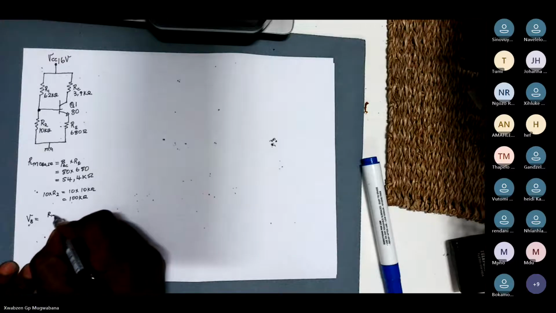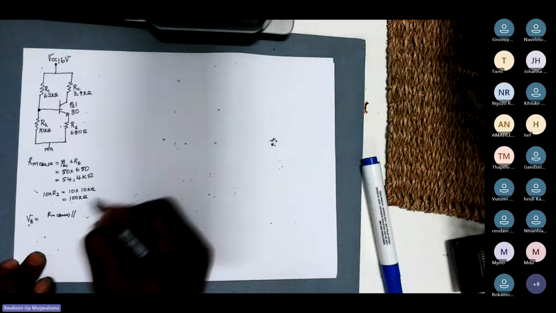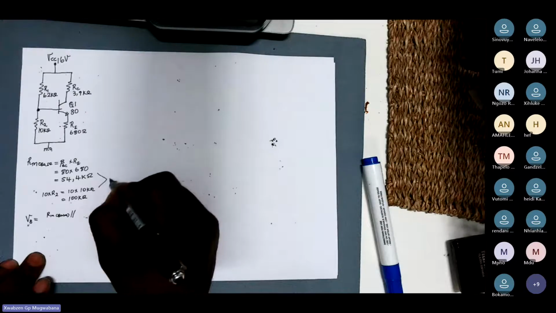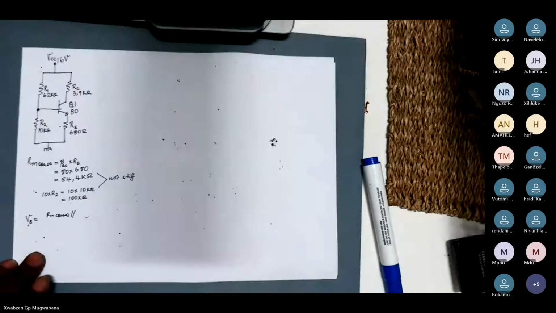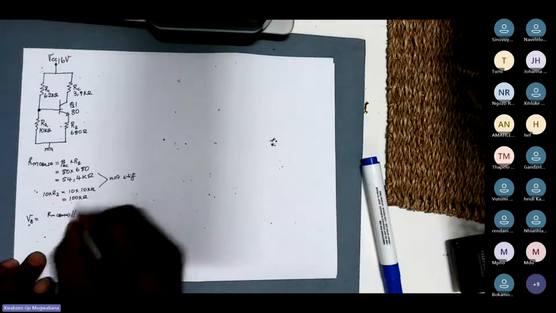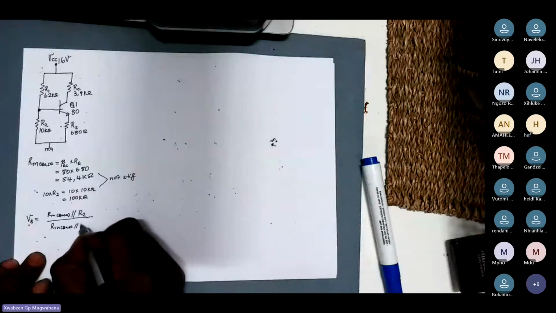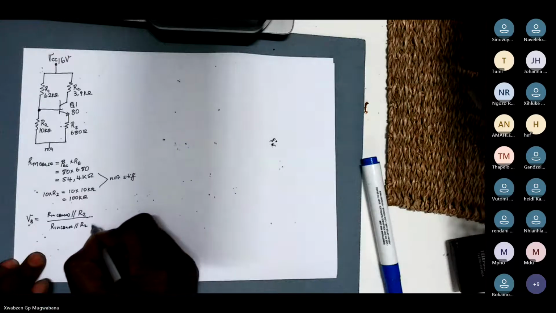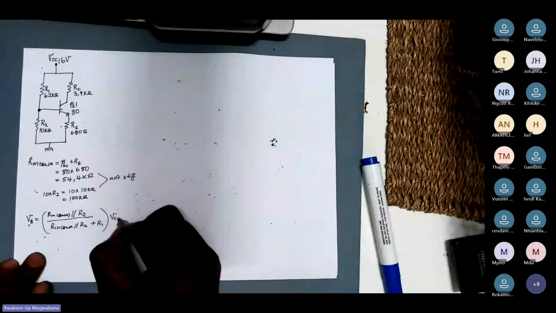R in base parallel to R2, divided by R in base parallel to R2 plus R1, all of this multiplied by VCC.